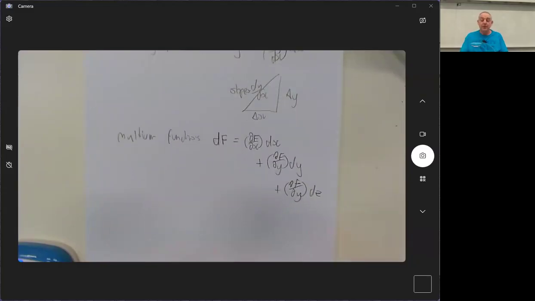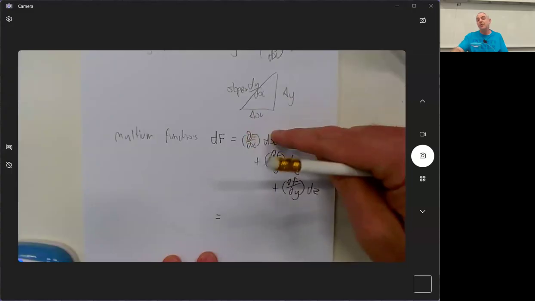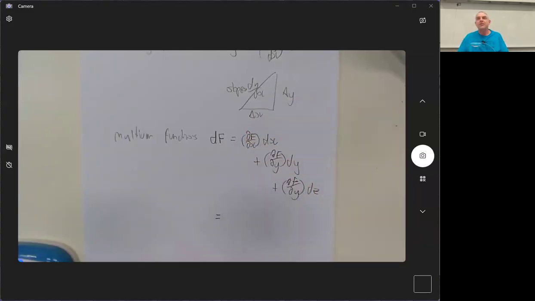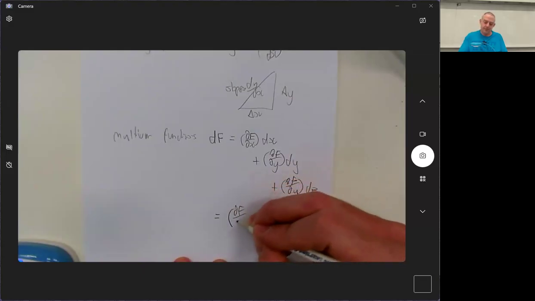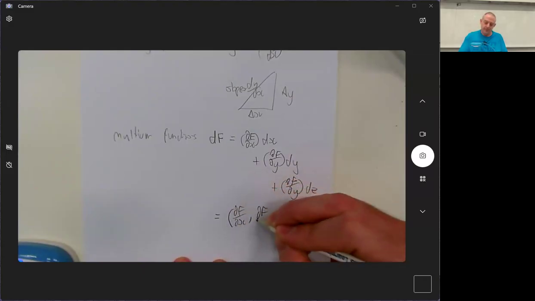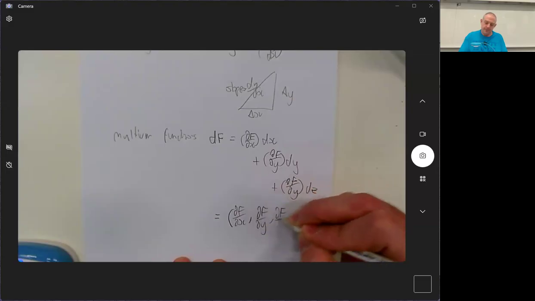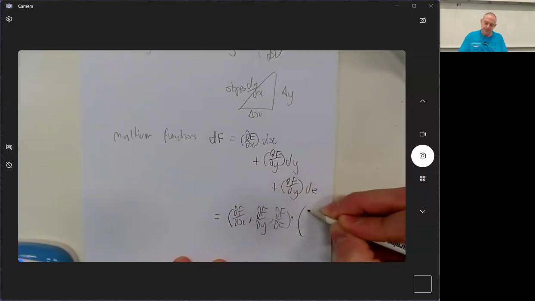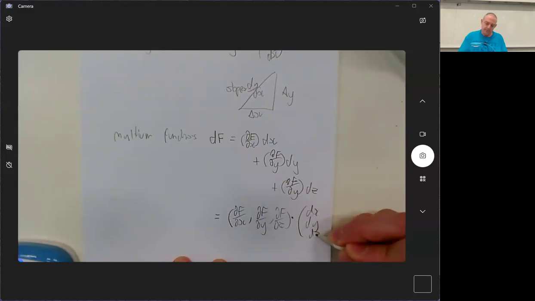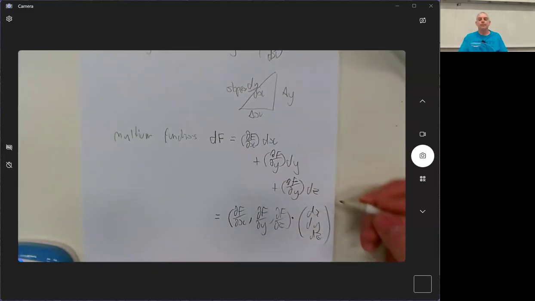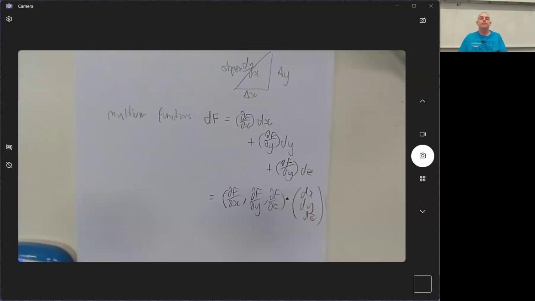Watch this. See how this is thing times thing plus thing times thing plus thing times thing? That's a dot product. Look at this. That's a thing. That's the gradient.